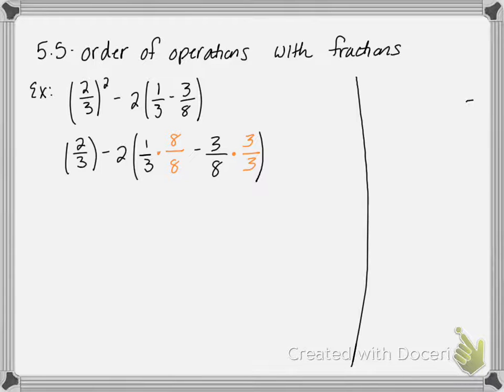And then from here, simplify that down, so we have 2/3 squared minus 2 parentheses 8 over 24 minus 9 over 24. Again, take your time. Don't risk making a small mistake.